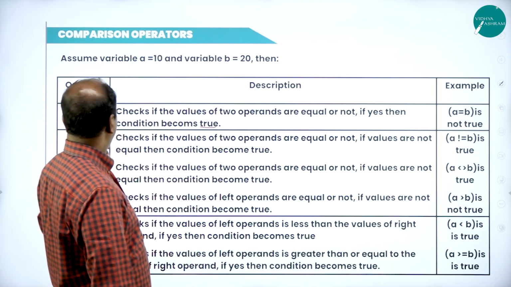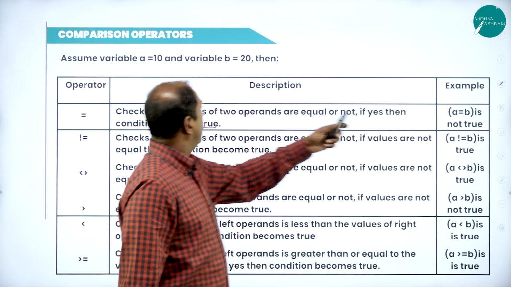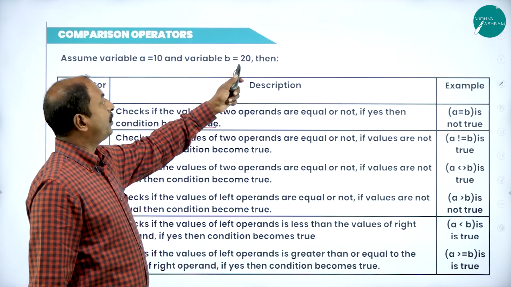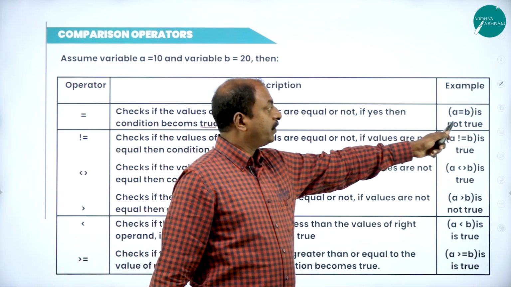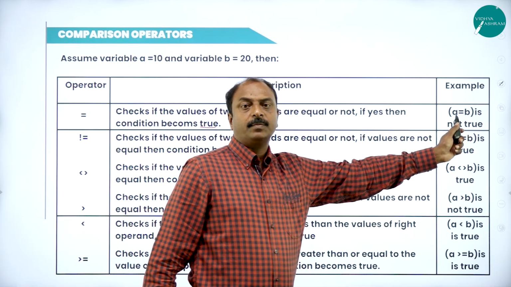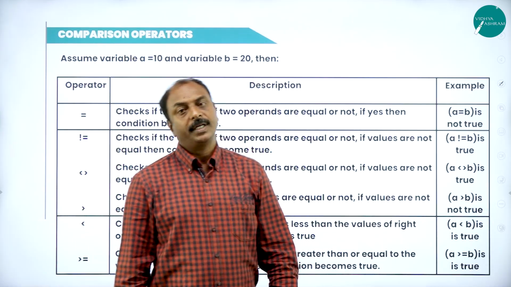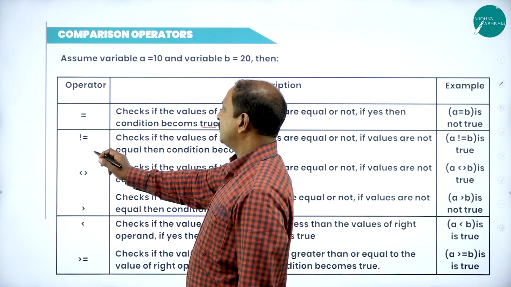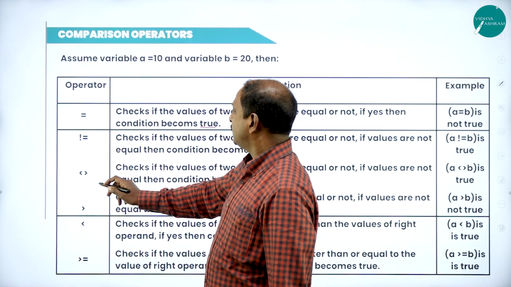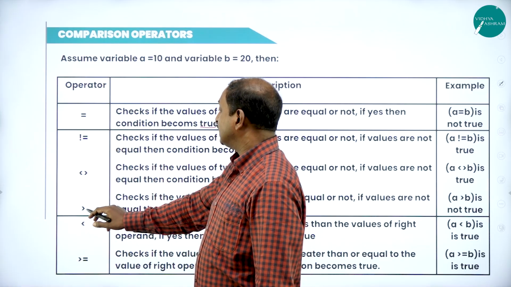So the first one is equals, A equals B. The value of A is 10 and B is 20, these two are not equal, so it is not true, it is false. Similarly, this is not equals, and this is greater than.